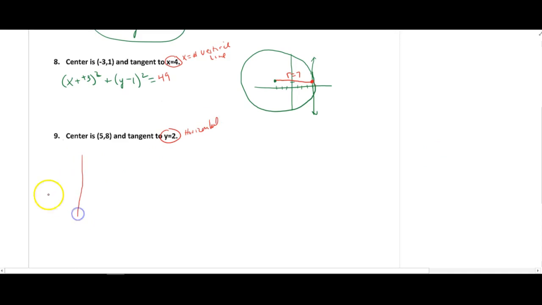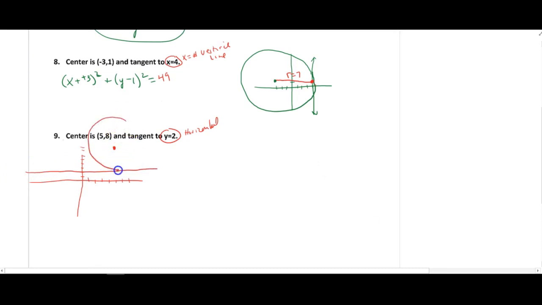So if I were to actually graph this situation, if I plot 1, 2, 3, 4, 5, 6, 7, so we're going to 5, 8 right here. Then if I graph that line y equals 2, you need to know that's a horizontal line.